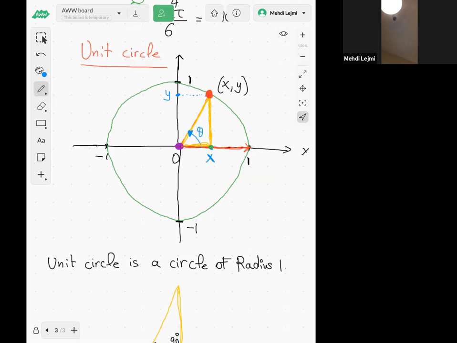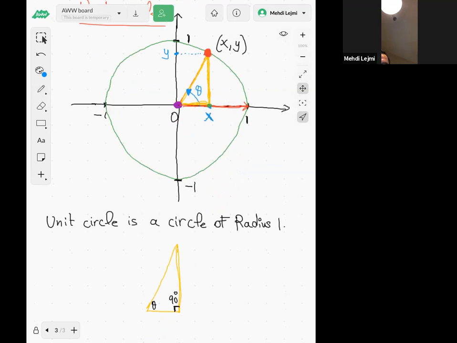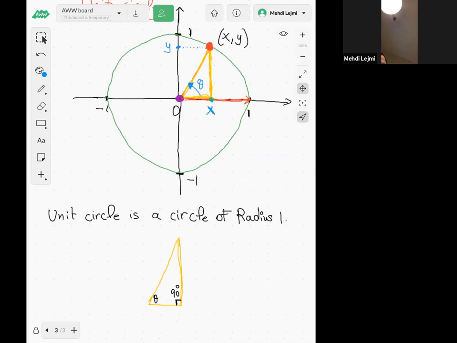Anyway, I'm going to define first the sine of the angle theta. Let's define sine of theta.